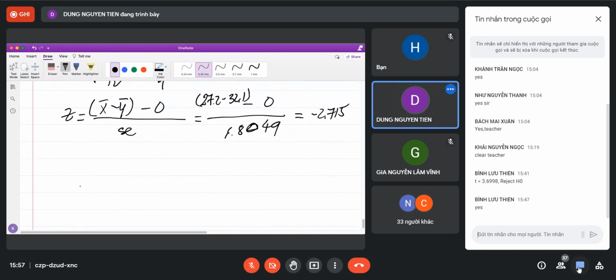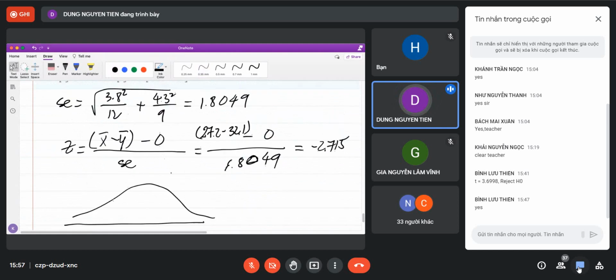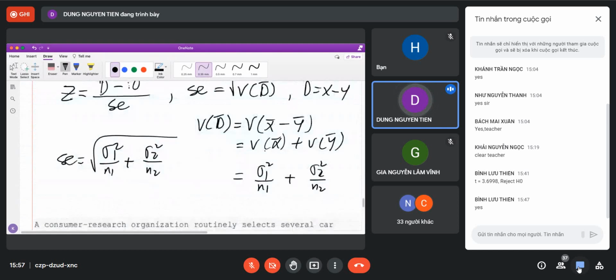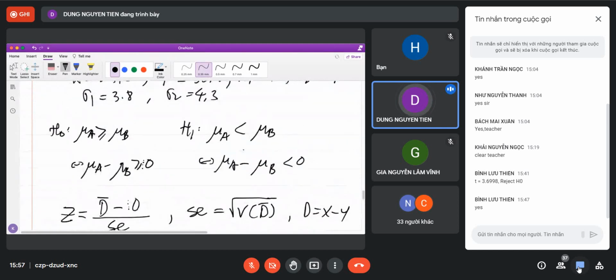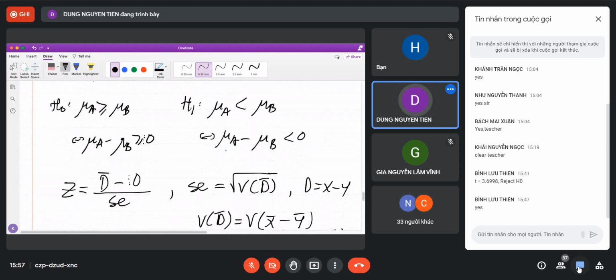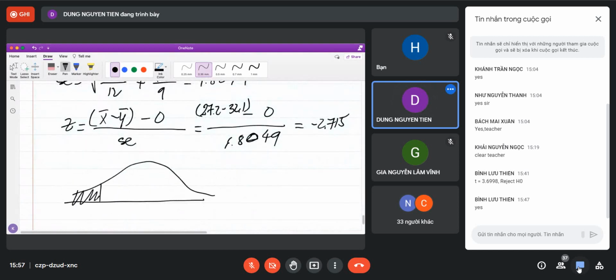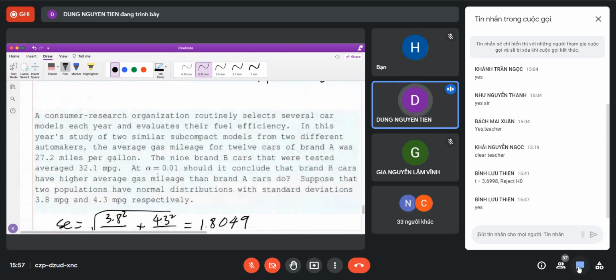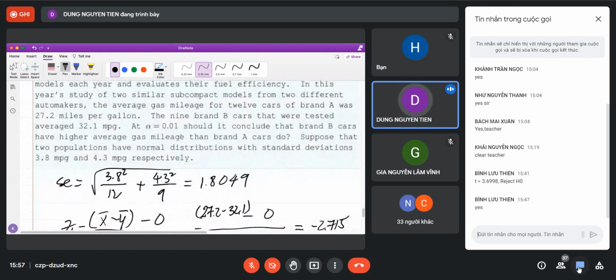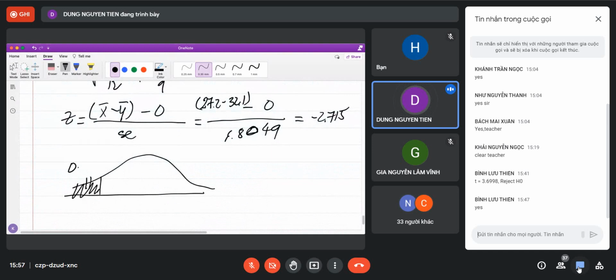As long as you get the value of z, you can check to see if it is big or small. You will reject the null hypothesis if z is too small. The significance level is 1%, so I would say 0.01 for that. This is the acceptance region, and this is the rejection region.